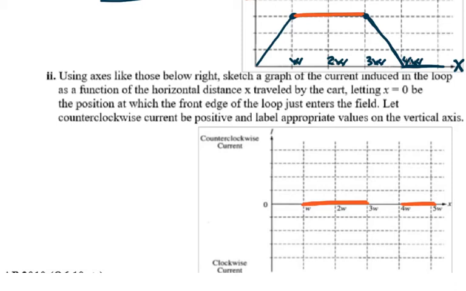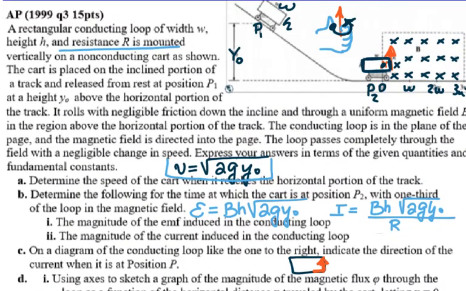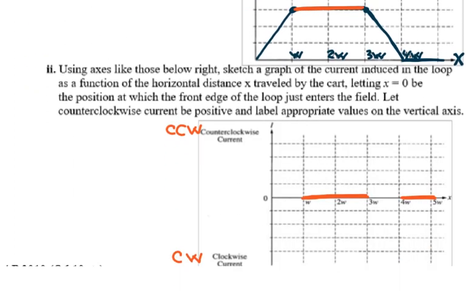So in this case, I have counterclockwise direction positive and clockwise direction negative. So when it enters, it has counterclockwise direction, so that means it's going to have its maximum value. And then when it exits, maybe let's do a different color.